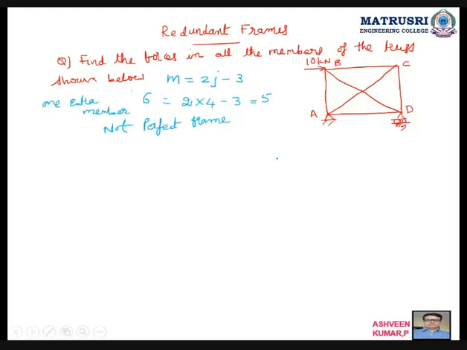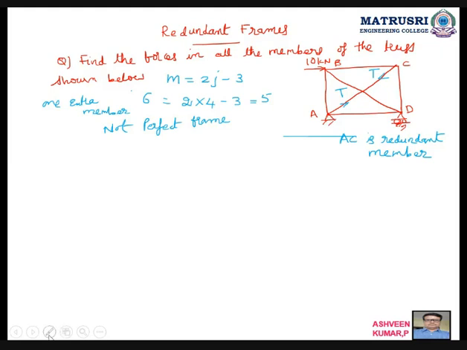So I will take this as redundant, that I am taking as some T. AC member as the redundant member. So better to take a diagonal member, AC or BD you can take.